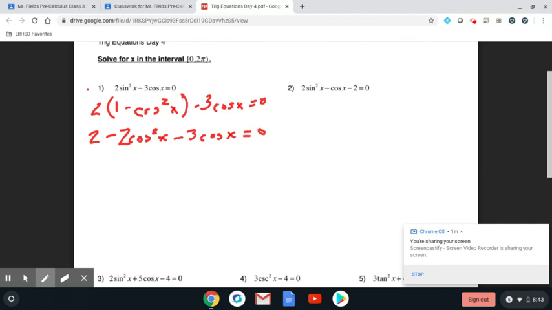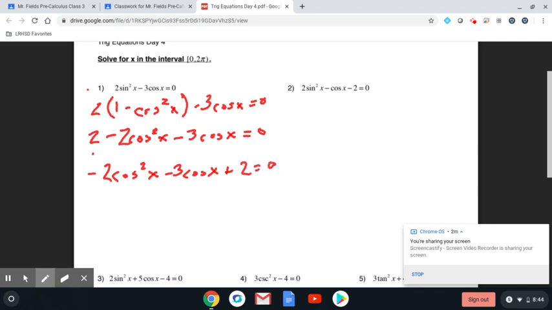At this step, you have a cosine squared, a cosine of x, and a term all the way to the left that doesn't have a cosine with it. You want to rearrange this to have that cosine squared out in front because you're probably going to have to factor to solve this problem. Make sure that 2 that you move to the back just stays positive.